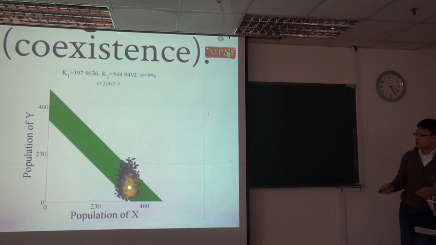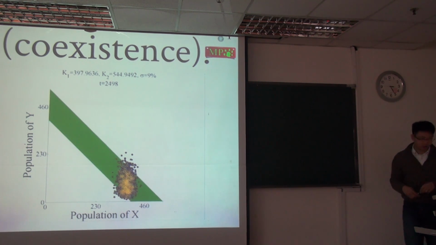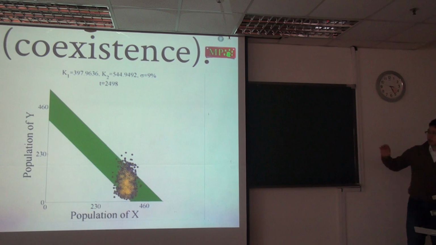But here, the noise, the demographic fluctuation, tries to stabilize the system to a certain coexistence of about 80% of the population being X and 20% being Y. And if you turn off the stochasticity, this state actually dies.